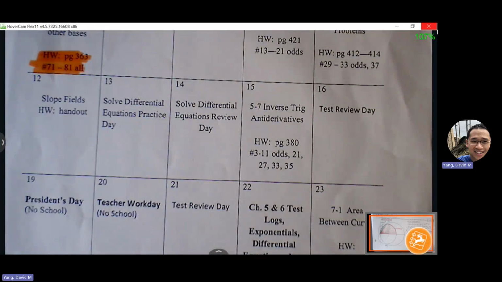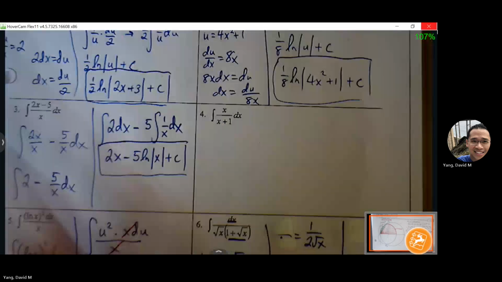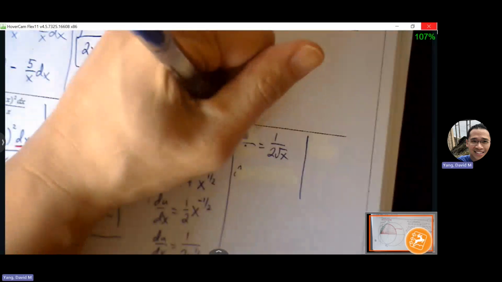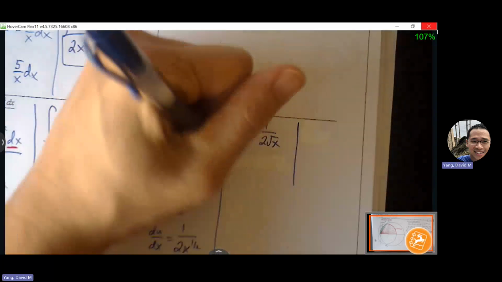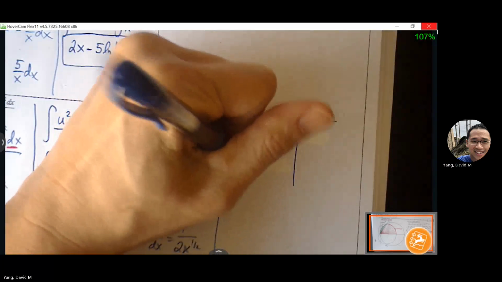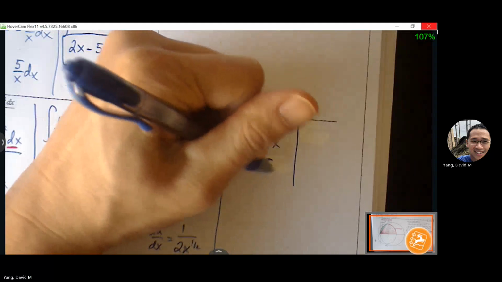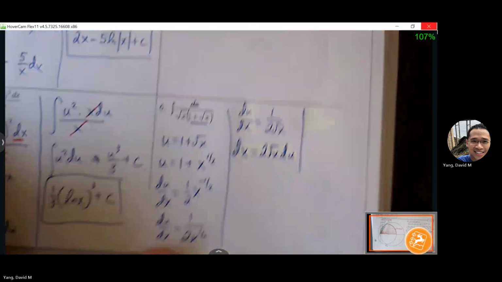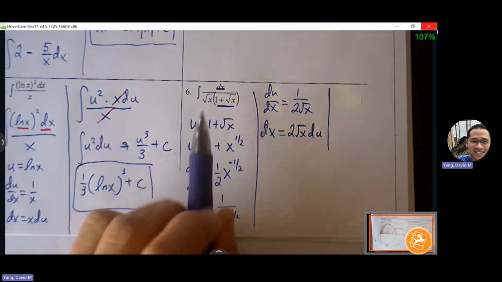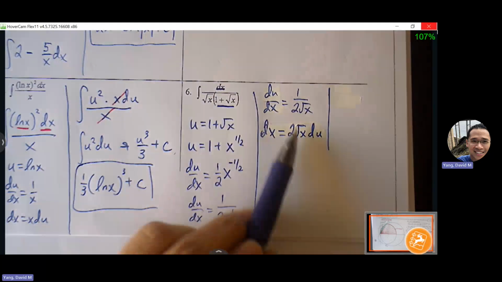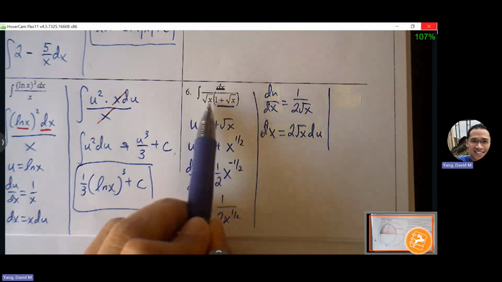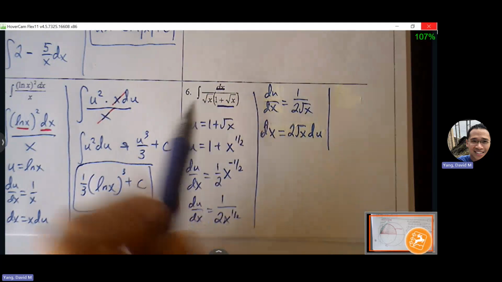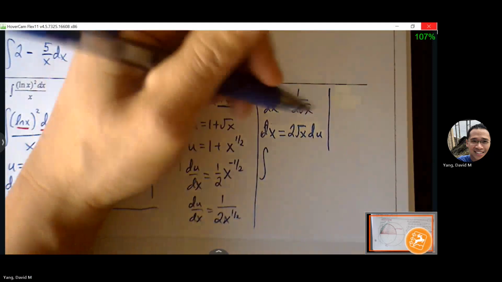It's d over dx, not dx over du. Okay, du over dx, sorry. Cross multiply. Make my substitution. The dx gets replaced with this. The 1 plus root x gets replaced with u. And then we're hoping that this root x will pair up nicely once we make those substitutions.